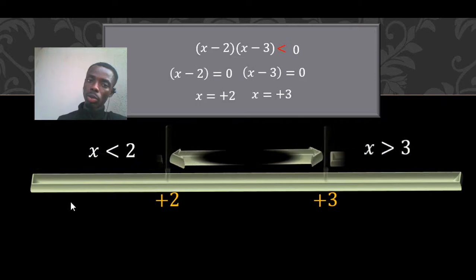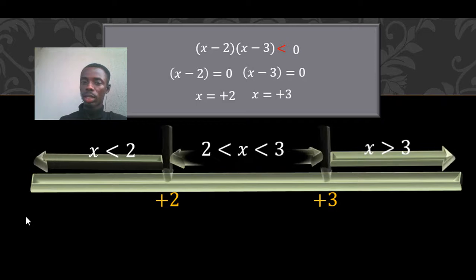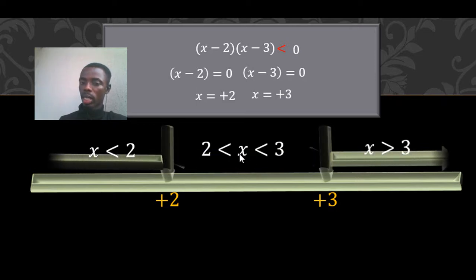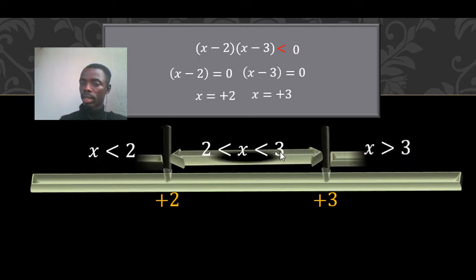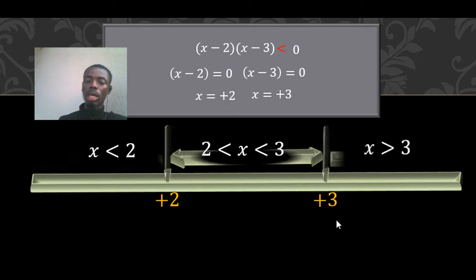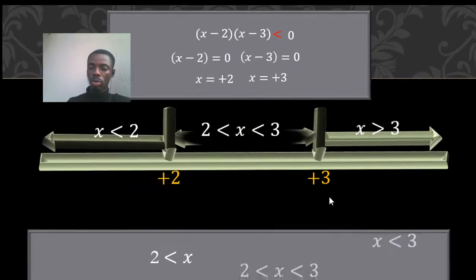Okay, so let's move on and let's see. Here 2 is less than x, and here x is less than 3. So it's just in between the range of +2 and +3. I believe I've not confused you. So the values I'm having, I'm bringing them down here now.